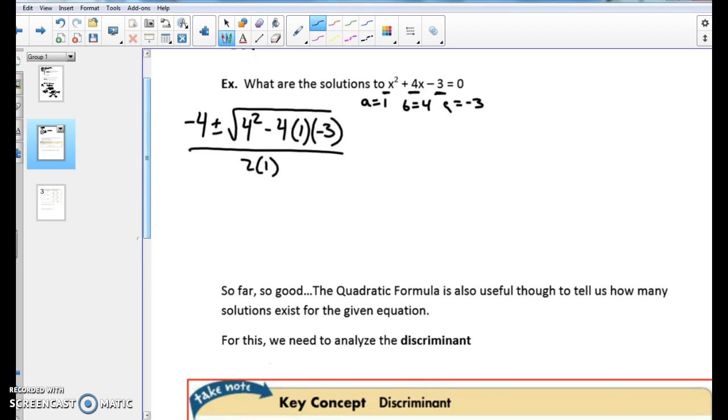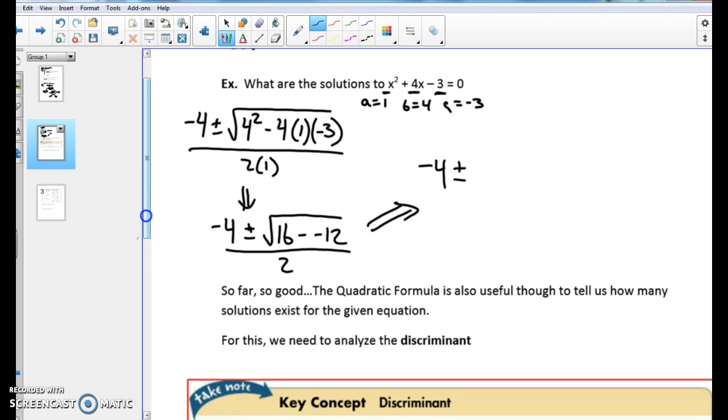Alright, again, I know it's just kind of ugly, but really this isn't that complex. We just got to stay organized. So we got -4, plus or minus the square root of 4 squared is 16, minus 4 times 1 times -3 should be -12, over 2. And that takes us over here to -4, plus or minus the square root of 28, over 2.